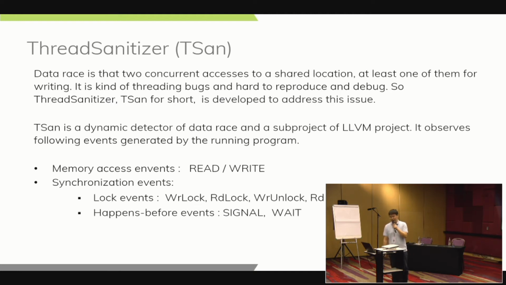TSan is also a dynamic tool to detect the data race. It is also a sub-project of LLVM. In the algorithm of TSan, it will observe the following events generated by a running program: memory access events and synchronization events.